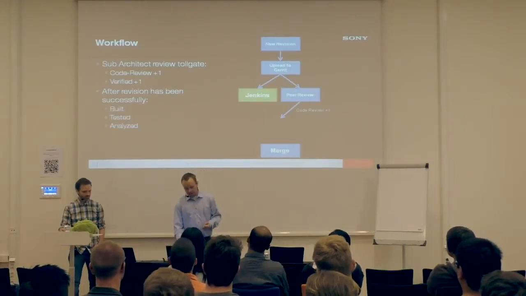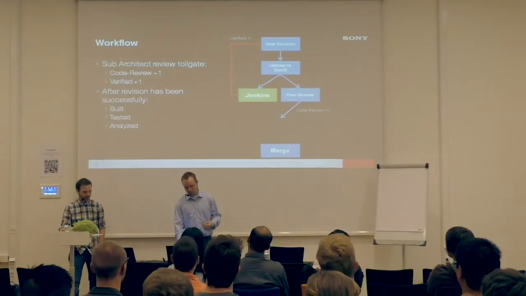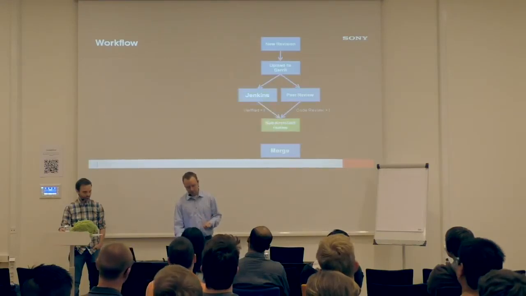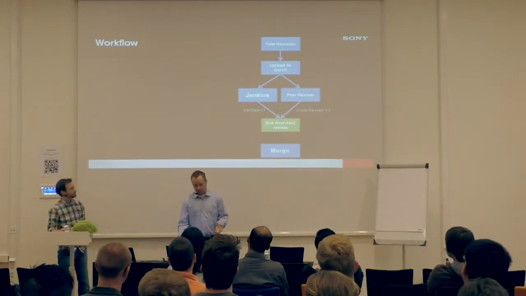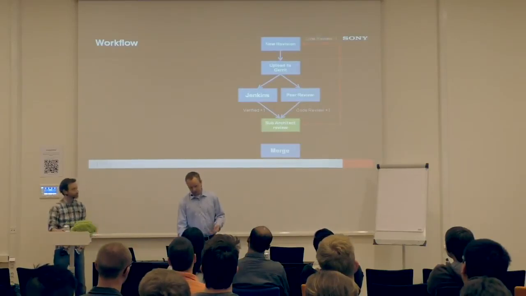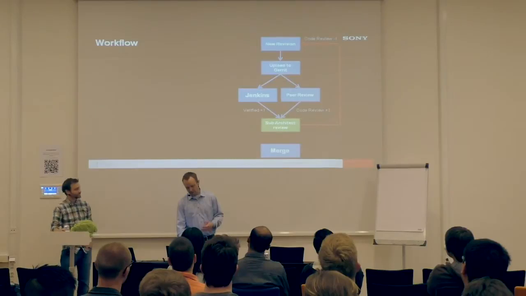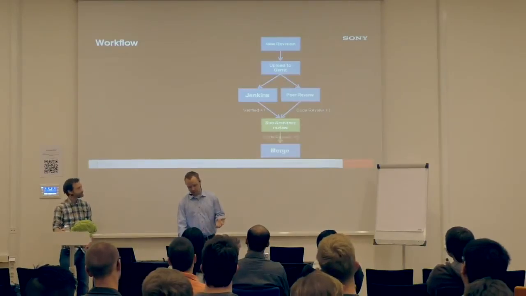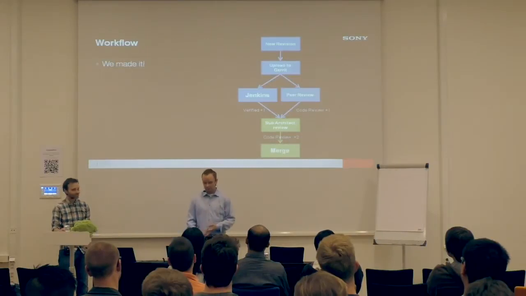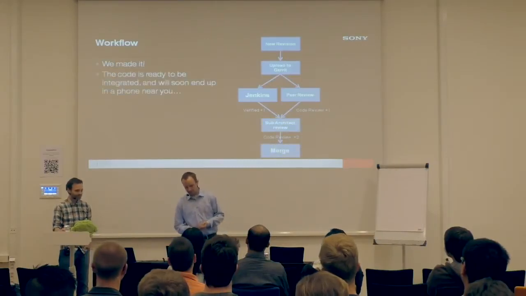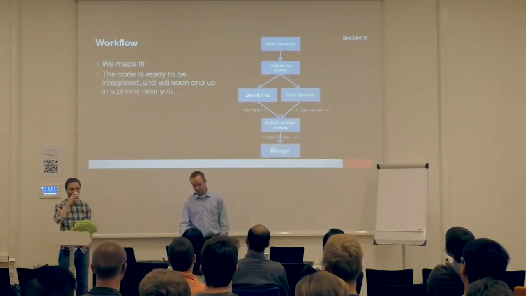And if you are unsuccessful here, then you're sent back to the drawing board to upload a new revision, but we get a +1 here. So then it's up to the sub-architect, and the same thing goes there, he or she can set -1, and if it's +2, then we made it. So we reached our goal.